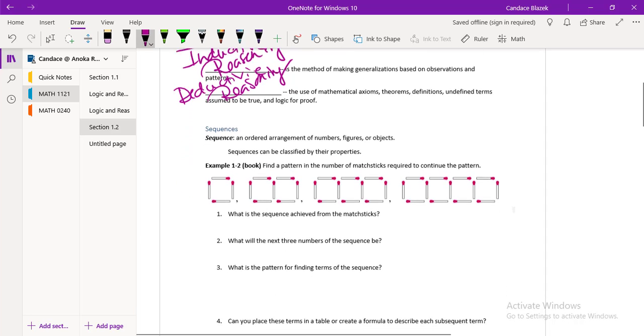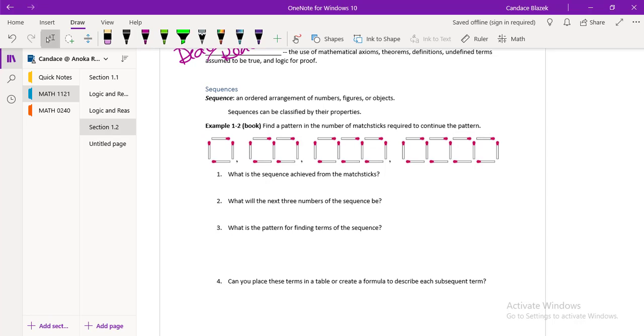So in looking at these two types of reasoning, we're going to take a look at sequences, which are an ordered arrangement of numbers, figures, or objects. This is an example with matches that is found in our text. Notice the terms are divided by a comma and they are in a specific order.